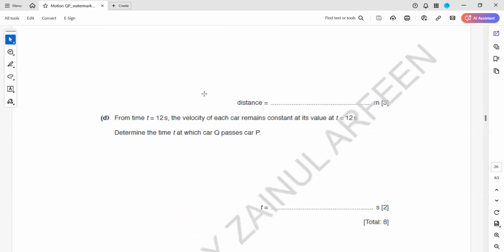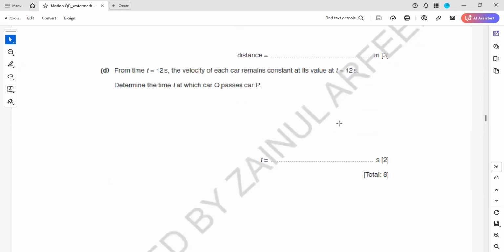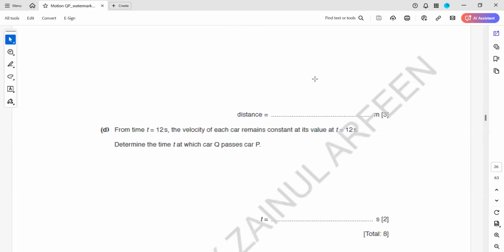Then after time t of 12 seconds, the velocity of each car remains constant. Determine the time at which Q passes P. Now their velocities are not changing.